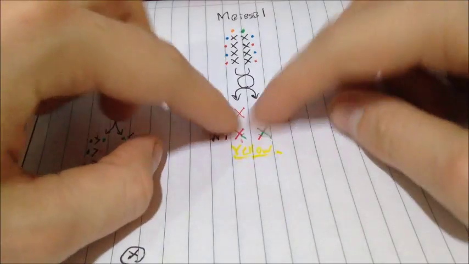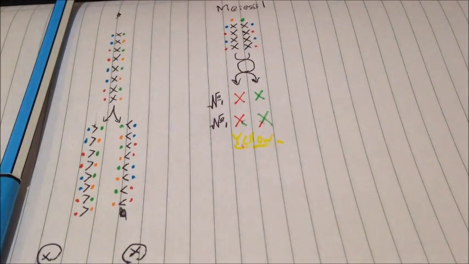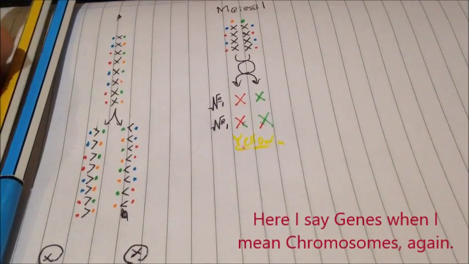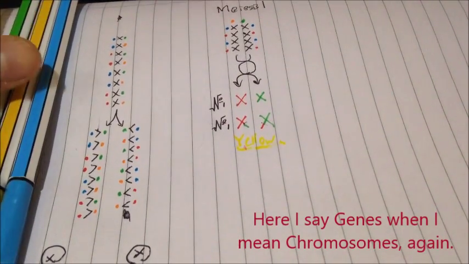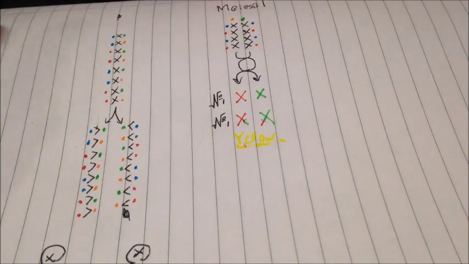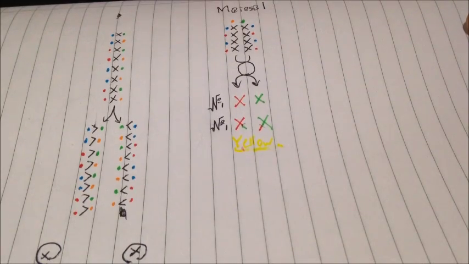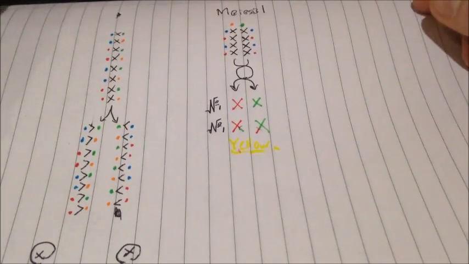Apparently, if you crossed over every human gene, which is 46 chromosomes, you would get 8.4 million different possible combinations. And you only need 1 in order to get your offspring.